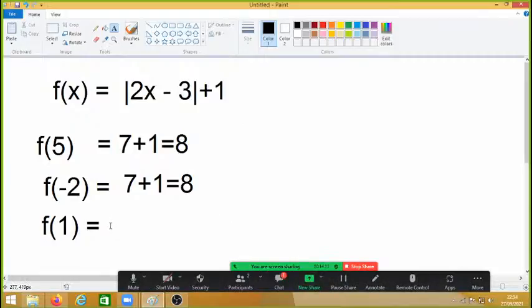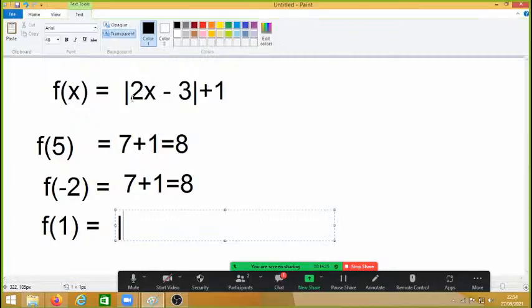So let's just go through this slowly. x is 1, so 2 times 1. Let's start off with the modulus sign. So 2 times 1 is 2. Take away the 3 and end the modulus, plus the 1. Looking inside here, 2 take away 3 is minus 1. And then we've got modulus of minus 1. Drop the sign, and that'll just be 1. 1 plus 1 is 2. So hopefully you've got that.